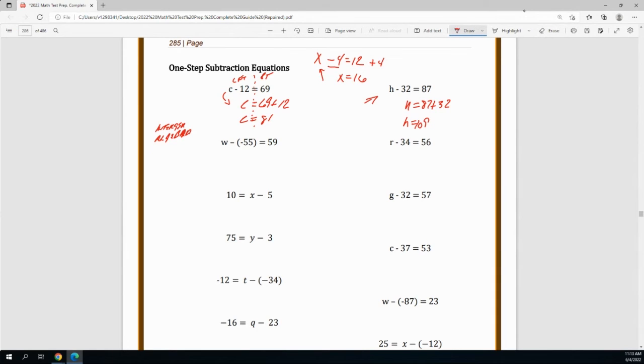So here we go. The opposite of subtracting a negative 55 on the left is to add a negative 55. Now, you'll notice that I did say negative 55. It doesn't change. It's still negative. The thing that's different is that instead of subtracting, you're going to be adding.